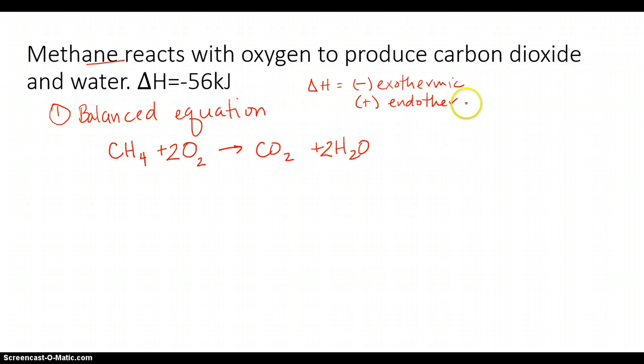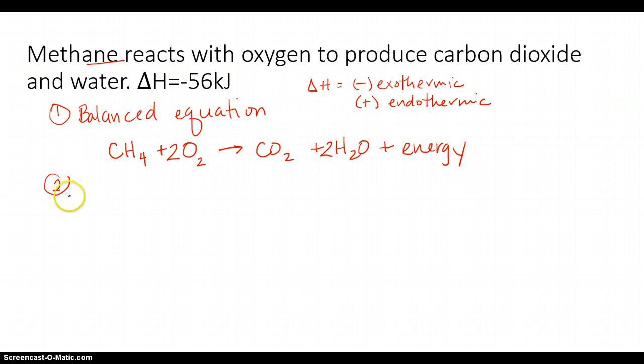So in this case, I look and I see that it has a negative symbol. I know it's exothermic. So I need to place the word energy into this equation. Exothermic means that it releases energy as a product, and so for that reason, I'm going to place the word energy in the products. Okay, so I've balanced my chemical reaction. I've placed the word energy in there in the products because of it being exothermic.